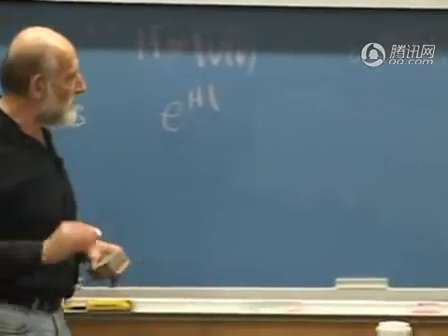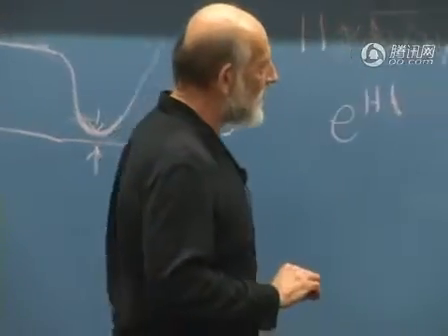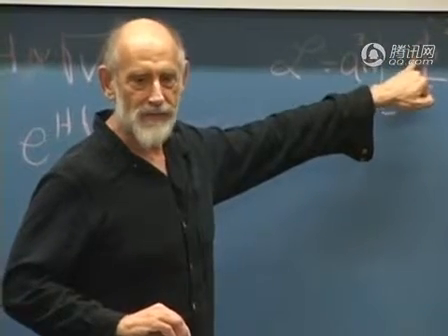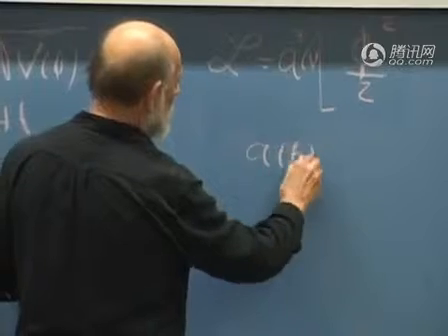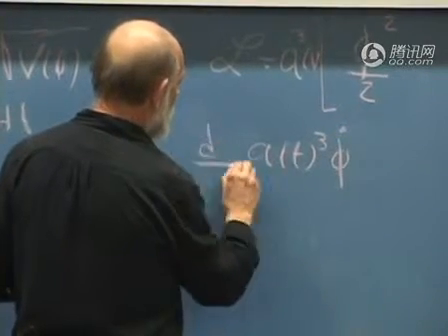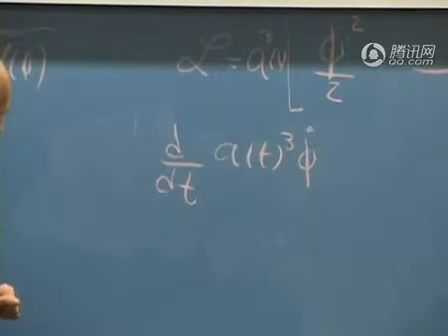Do you remember how to work out the equation of motion for a Lagrangian? You take the partial of L with respect to phi dot. That's a of t cubed times phi dot, and then take the time derivative of that. That's the left-hand side. What about the right-hand side?